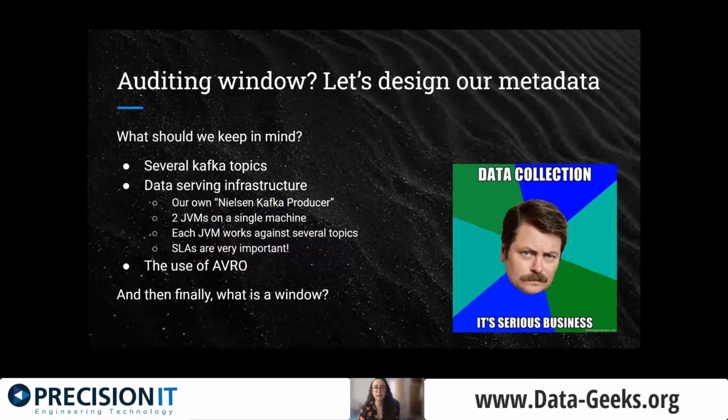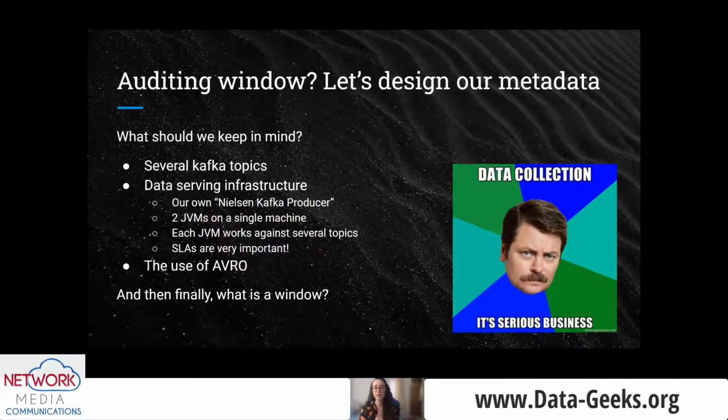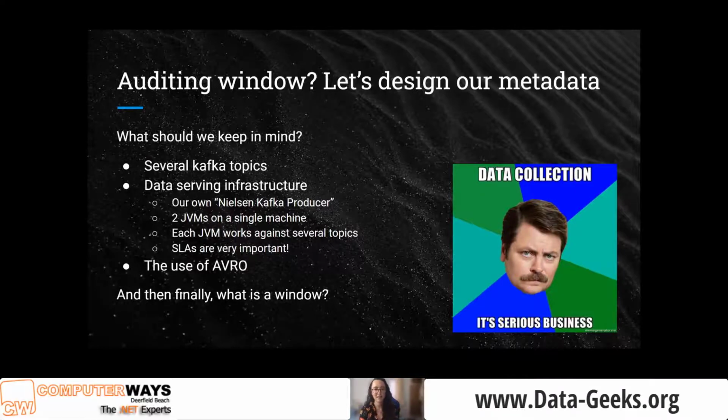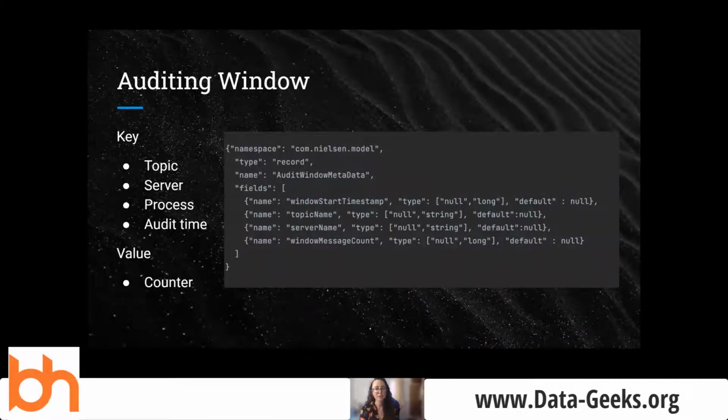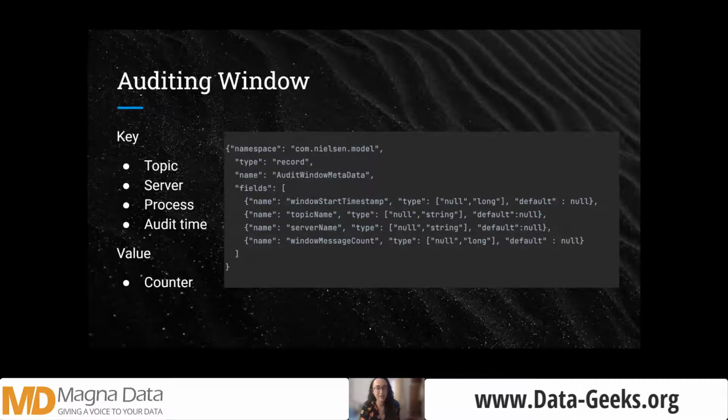Okay, so when I'm talking about auditing window, why is the word window written on this slide? Why is it here? Next slide. So auditing window is our metadata object. And I think that if you take all the points I just told you to keep in mind, you'll see why all these data points are actually here in this slide.